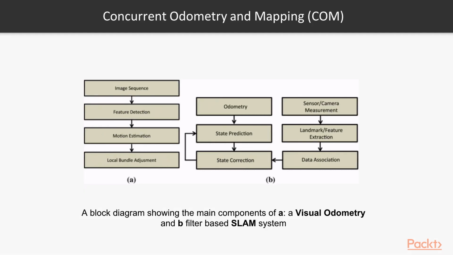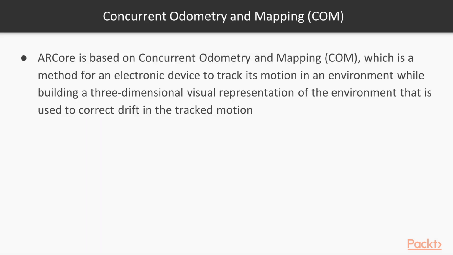So concurrent odometry and mapping takes cues from visual odometry to create a new system for generating mapping in an environment. So ARCore is based specifically on concurrent odometry and mapping, which is a method for an electronic device to track its motion in an environment while building a three-dimensional visual representation of the environment that is now used to correct drift in the tracked motion.